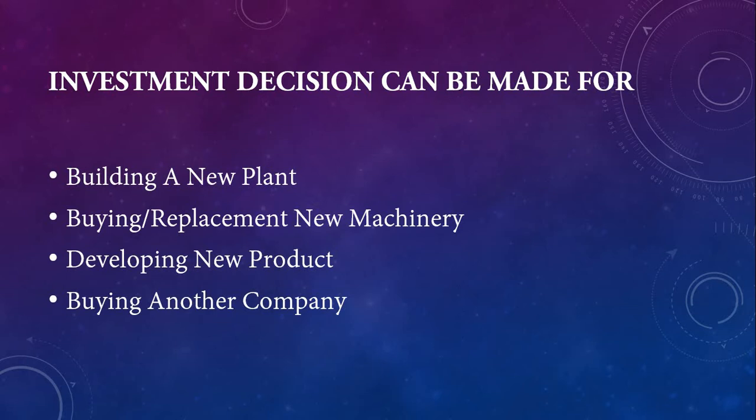For example, if a company wants to manufacture mobile phones and at the same time it has an option to acquire a company that is already manufacturing the same product, that is mobile phones, it will analyze whether it is more beneficial to manufacture itself or to acquire the existing company.